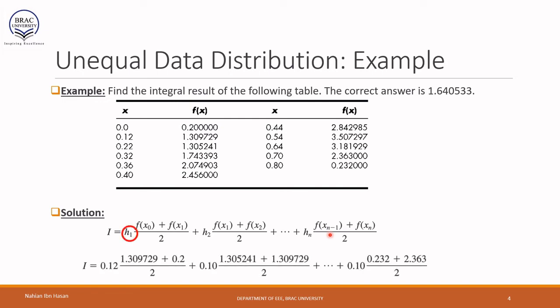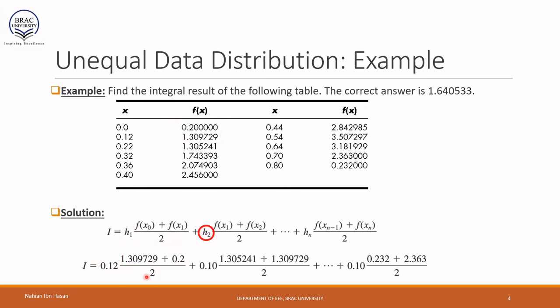We can apply the trapezoidal rule separately. In the first segment h1 is 0.12, and h2 is 0.1 in the second segment. These are the function values of the first segment, used to calculate the trapezoidal area.